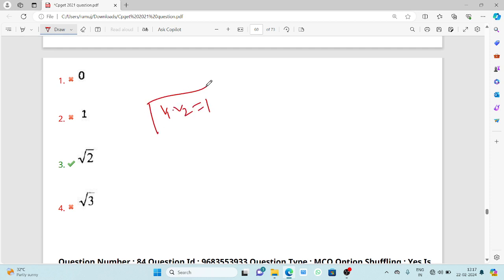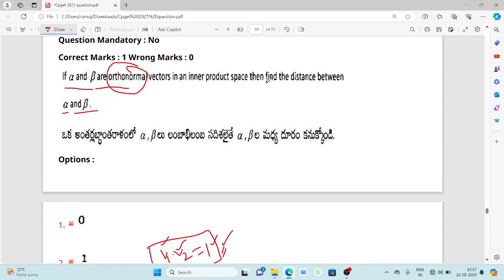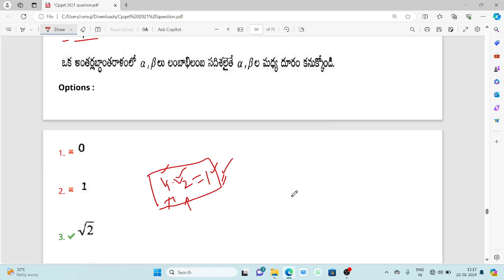Then only we can say that this is an orthonormal vector. So you just take randomly two vectors v1 and v2 and do the dot product, and check whether it is satisfying the orthogonal condition or not, then take the difference. Distance means, he is asking distance. So you just take two randomly, whatever you want.